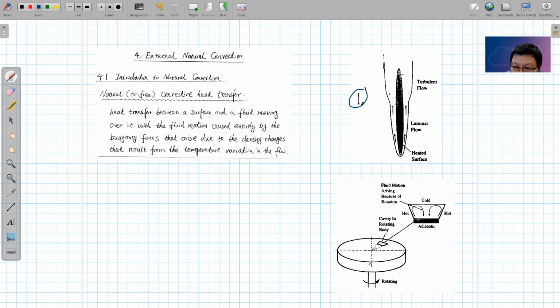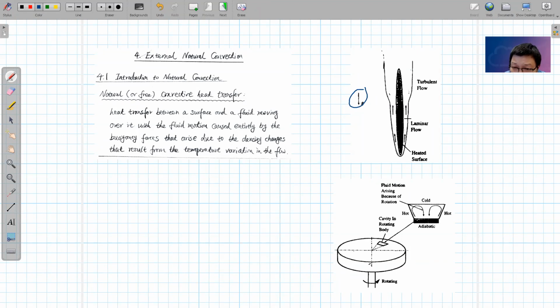And this is an example of natural convection. This black body is a heated surface, and we put it into air without velocity, in still air. Because it's heated, the air close to the body, close to the heated solid wall, will have its density reduced because the temperature is increasing.